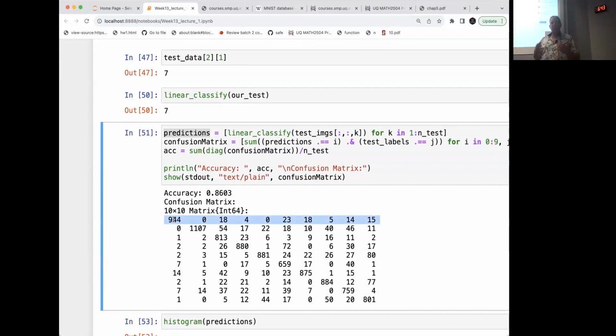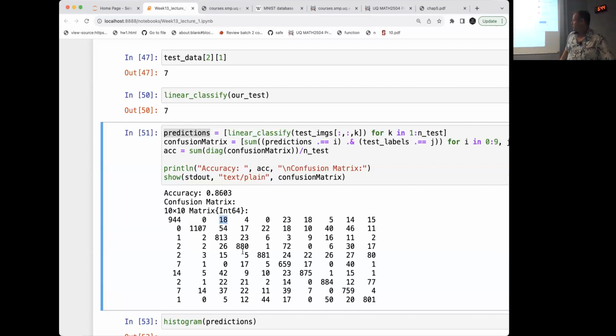How is confusion observed? Confusion is numbers in the off-diagonal. For these 18 values here, we thought they were a 2, but they're actually a 0.